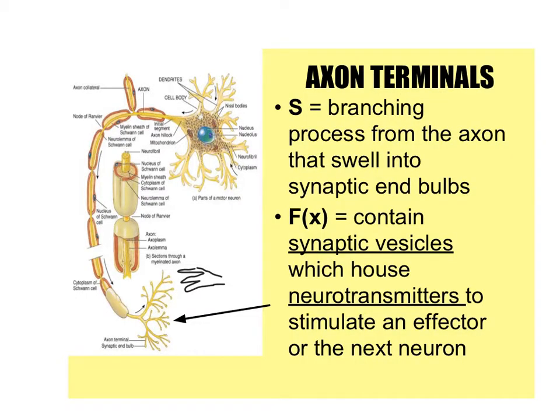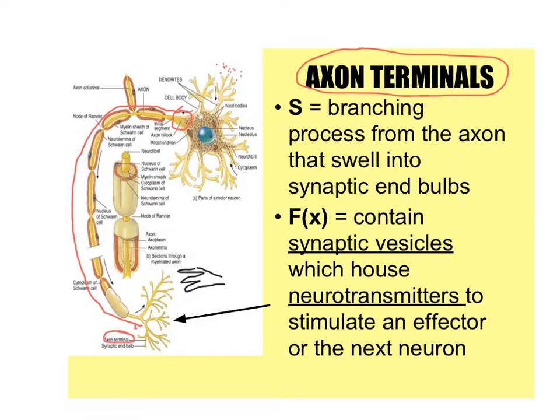And the next structure, axon terminals. So if the dendrites get stimulated enough, and at the axon hillock the neuron is stimulated enough to threshold, that nerve impulse or action potential travels down the axon, and eventually it's going to reach the axon terminals. Well, there's a space.